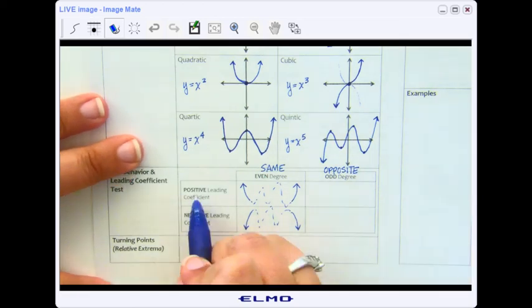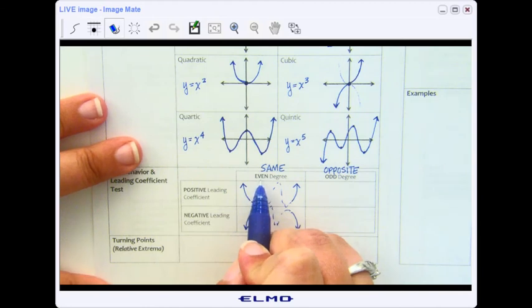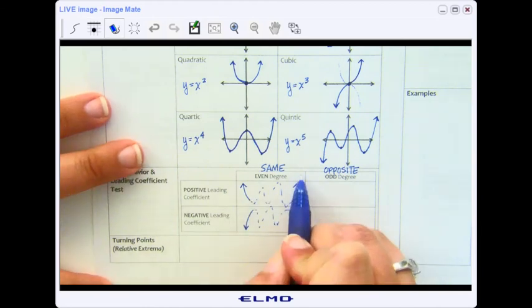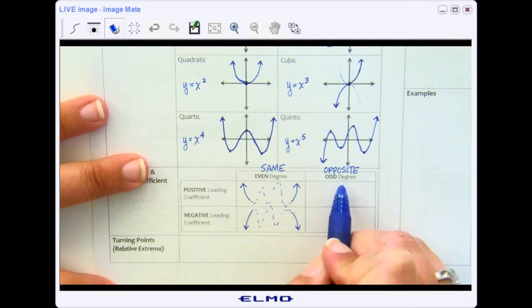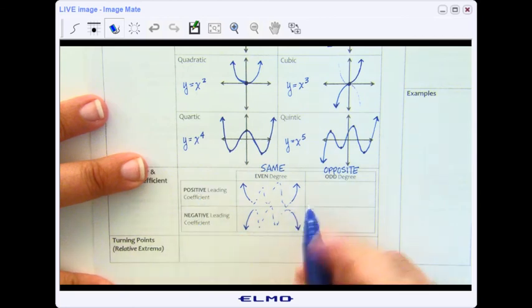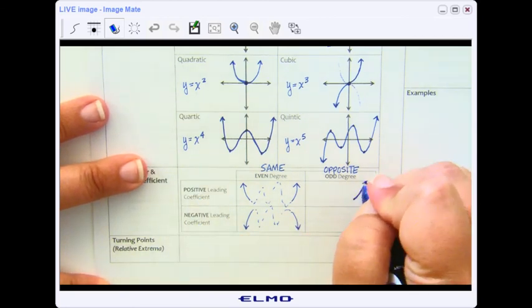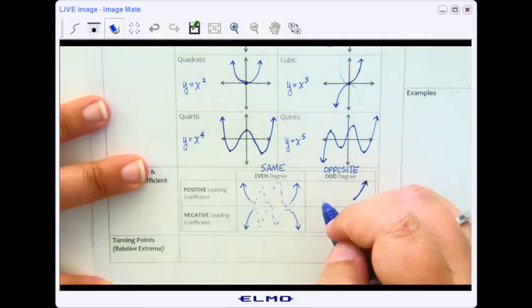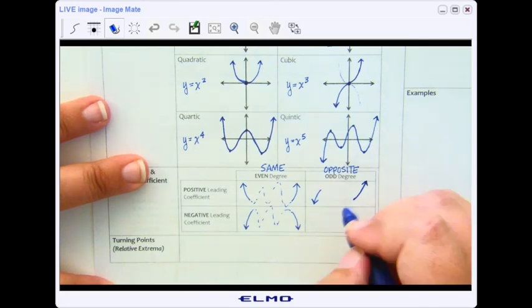If it's a positive leading coefficient and it's even degree, the right-hand side goes up. The same thing is true for an odd degree function. If it's an odd degree function with a positive leading coefficient, the right-hand side will still go up. But since the ends need to go in opposite directions, that means the left-hand side will go down.